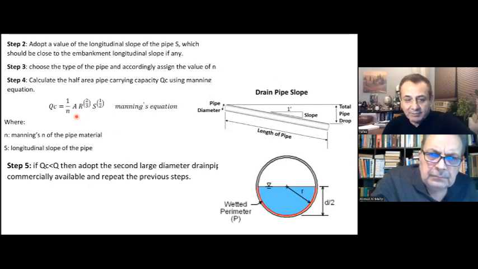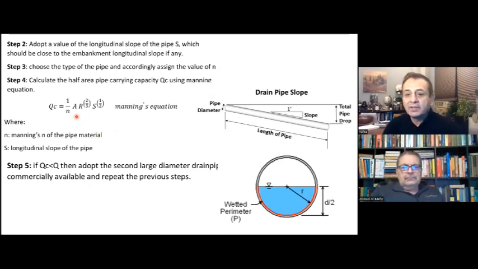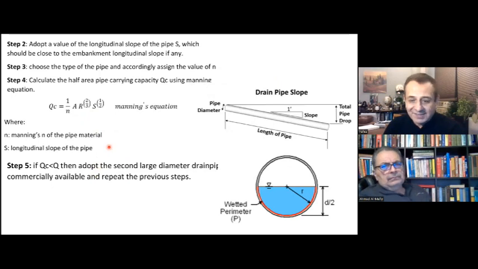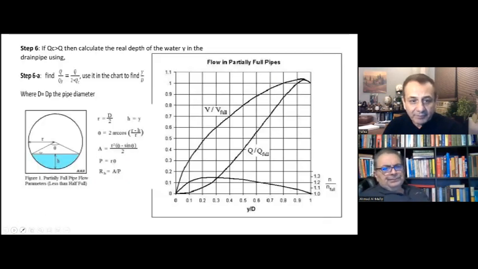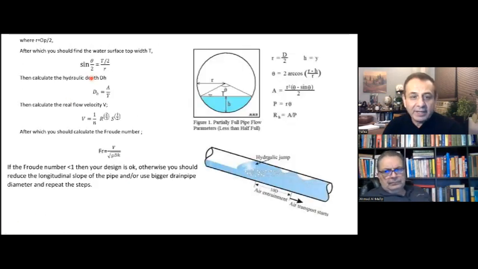When you increase the pipe diameter, this will also increase T, the top width. It increases A and increases T, but this will increase DH, the hydraulic depth, and this will reduce the Froude number. So how do we reduce V?